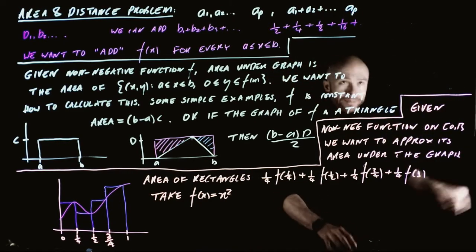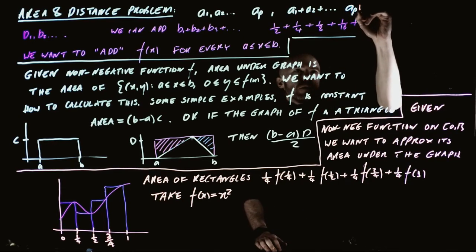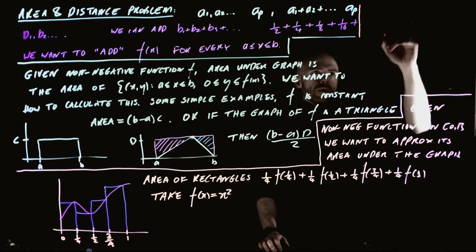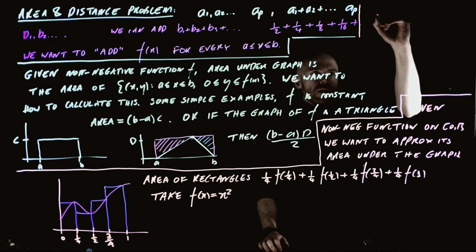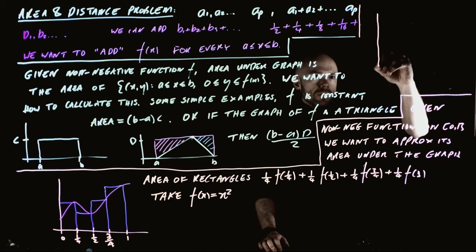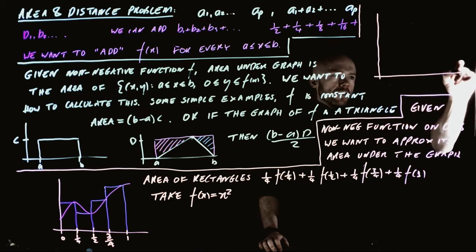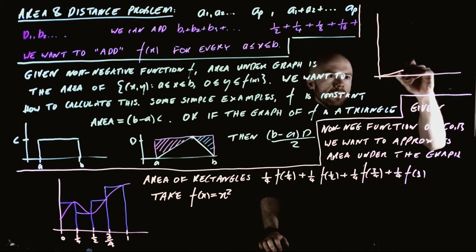Okay, we have some space. All right, so if we take our specific input of x squared, then what does the graph look like? It looks like this, right?